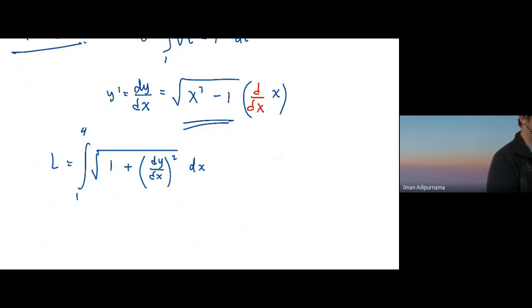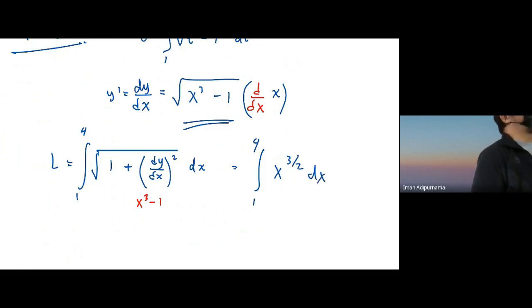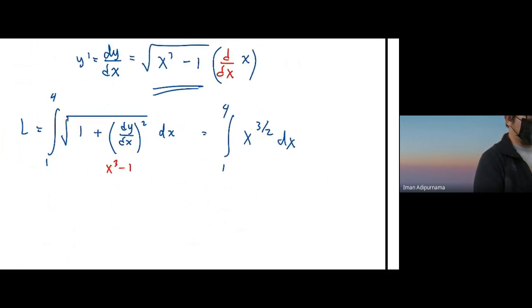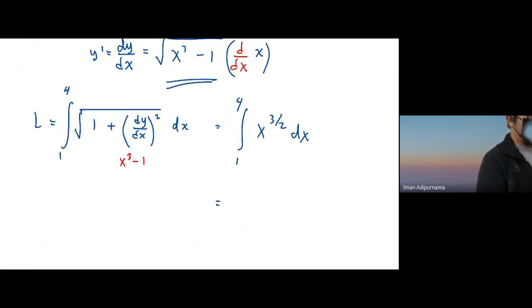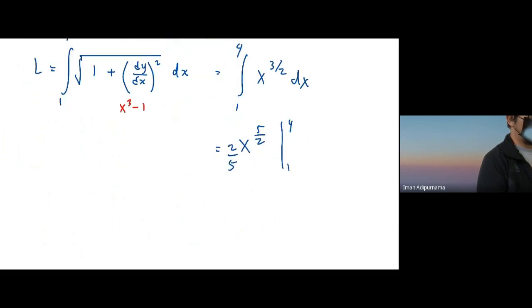Because it's squared, we will have x cubed minus 1, so basically what we have here is just x to the power of 3 over 2, dx. So we just need to integrate this, and I think the numbers are not too complicated. So this becomes 2 over 5 x to the 5 over 2, from 1 to 4.